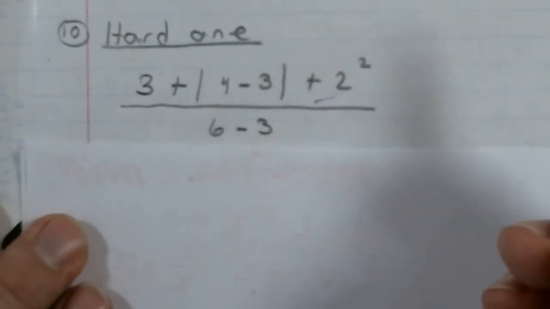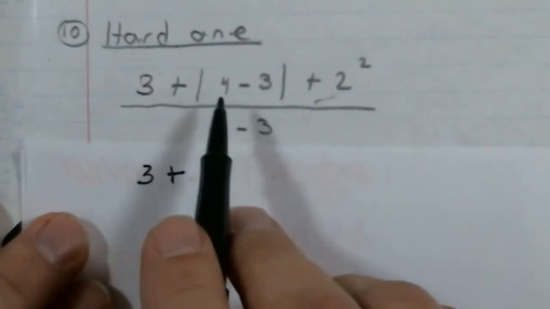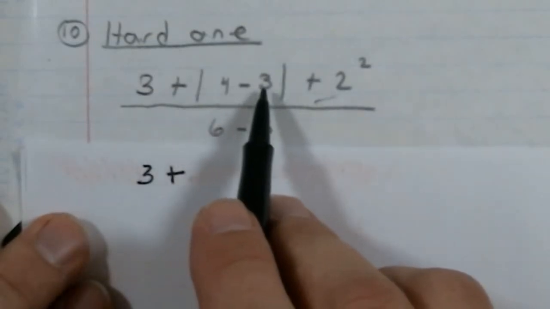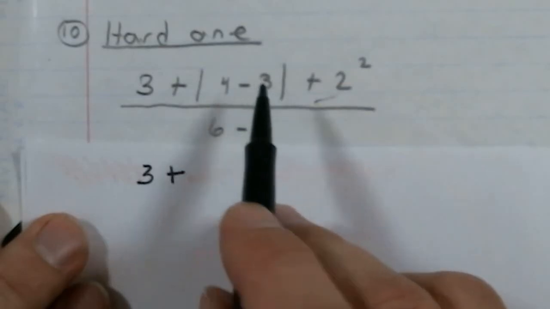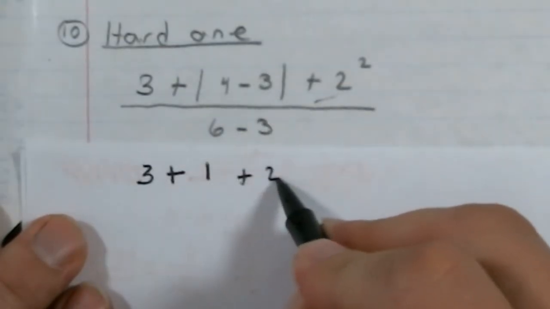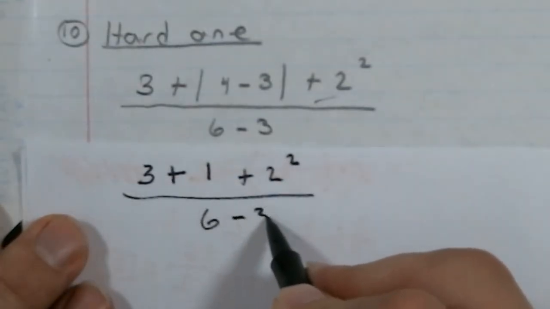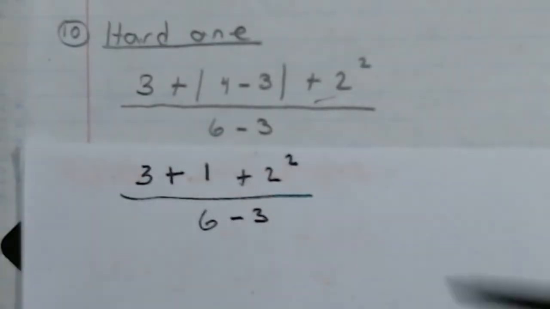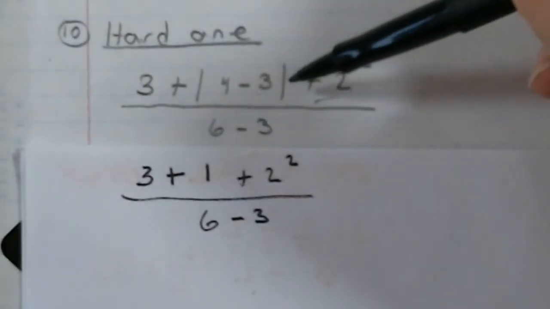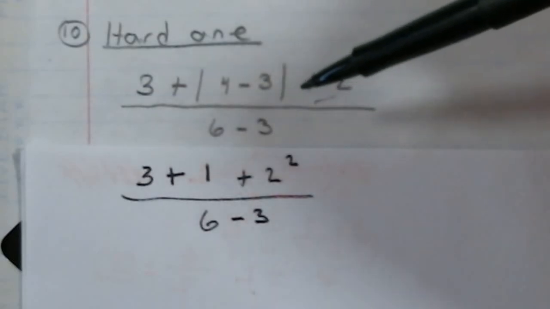So PEMDAS. So what goes first? So 3 plus, well, what is 4 minus 3? 4 minus 3 is 1. Okay. Plus 2 squared divided by 6 minus 3. If you didn't learn about the absolute values right now, think of them as a parenthesis.